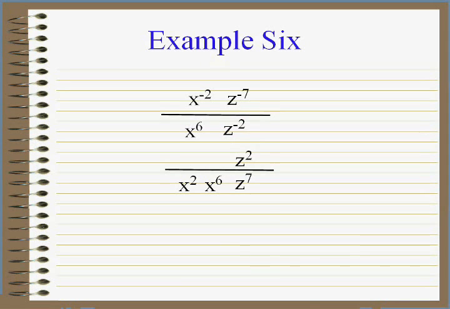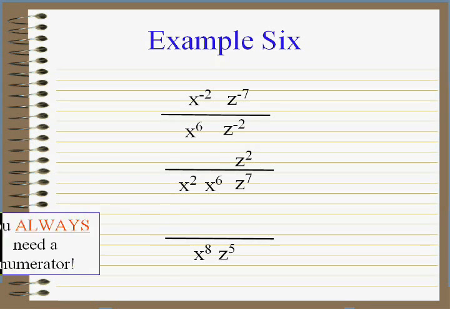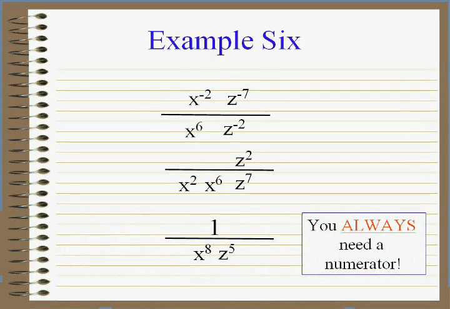Now this one ends up a little bit screwy because while these two get together, the other two cancel. Remember, when we cancel, the answer goes where the largest one used to be. 7 minus 2 is 5. And we have z to the 5th, but we can't just write that as the answer, remember. You have to have a numerator. So you add 1 in this case. So be careful there. Got it?